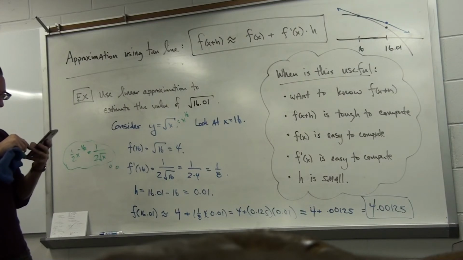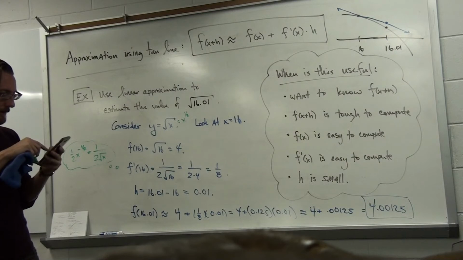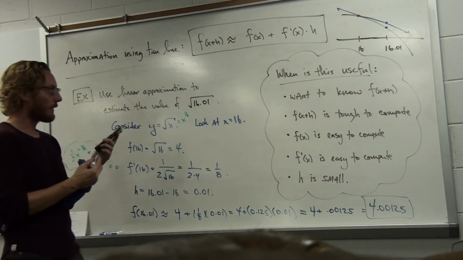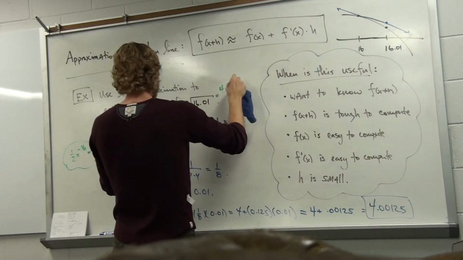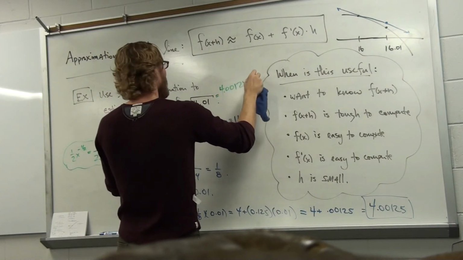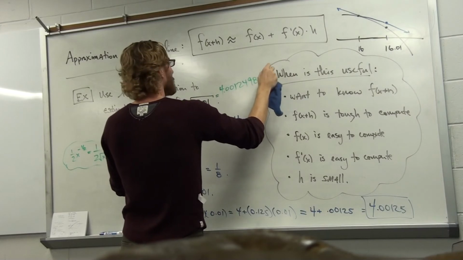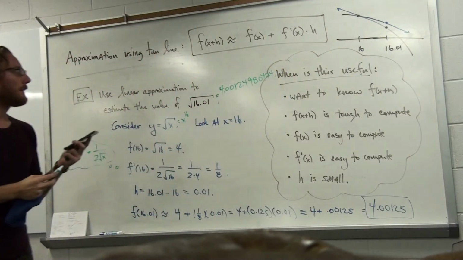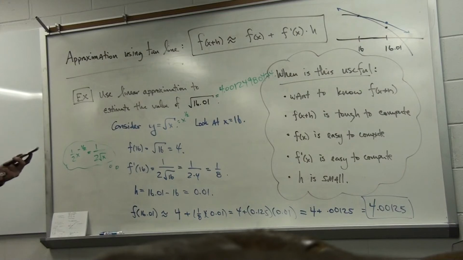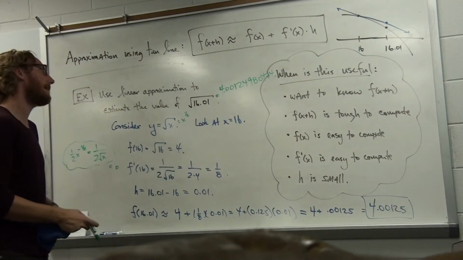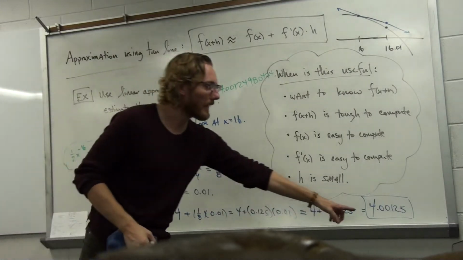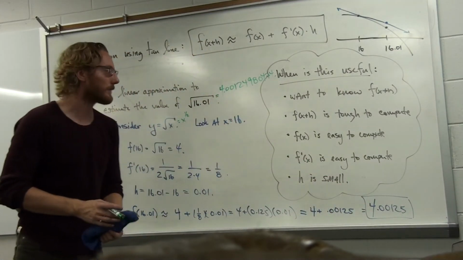The square root of 16.01 by calculator is 4.00124980474 and so on. We got pretty close, didn't we? It wasn't exactly 4.00124980474, but it was mighty close.